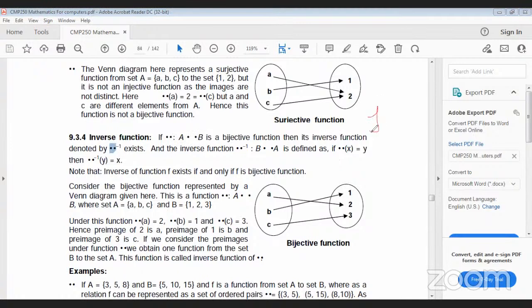So it is f from A to B. And here it is f inverse. So your inverse function will be written in this form: f inverse from B to A. So here your B becomes the domain, and A becomes your codomain. Only for inverse function.